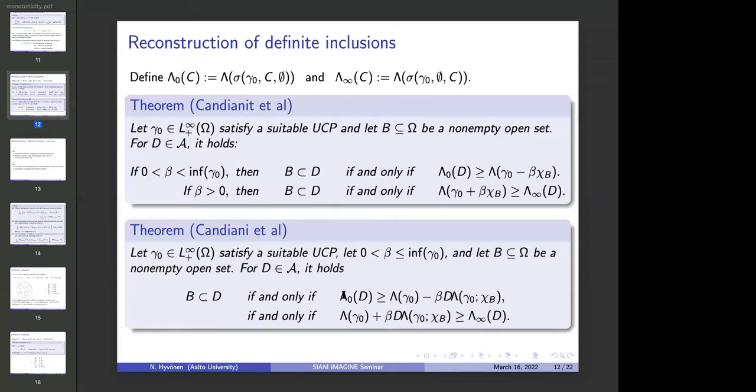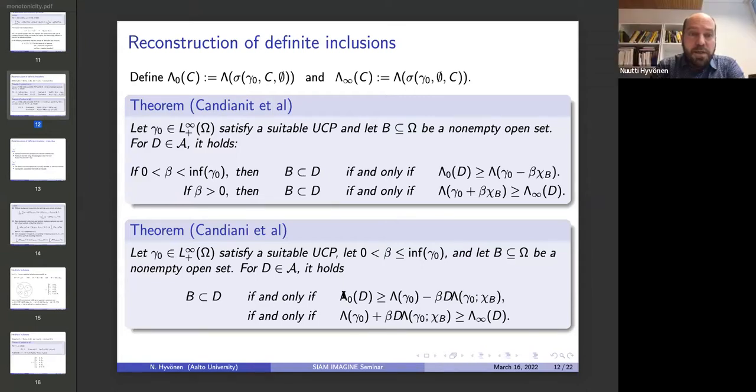Yes, actually, I don't know the details, but I know that Roland Griesmaier has recently published work on using this kind of monotonicity principles for Maxwell's equations. There have also been some results for the Helmholtz equation.